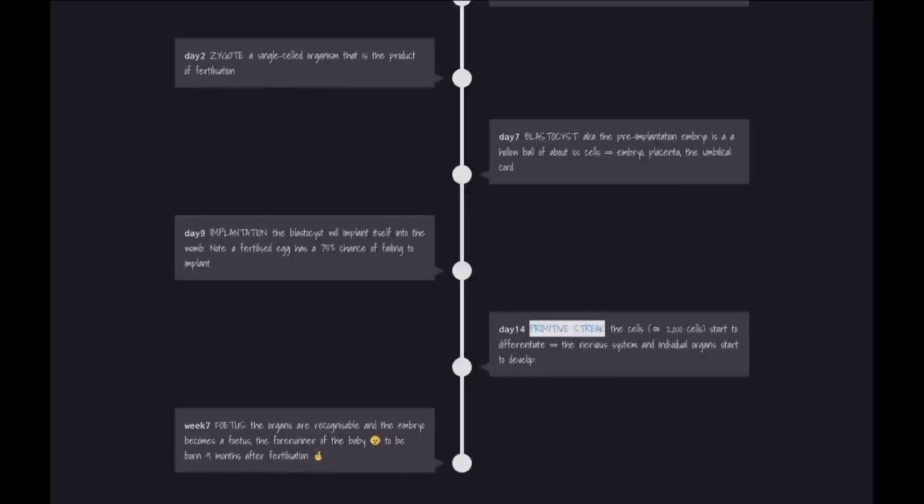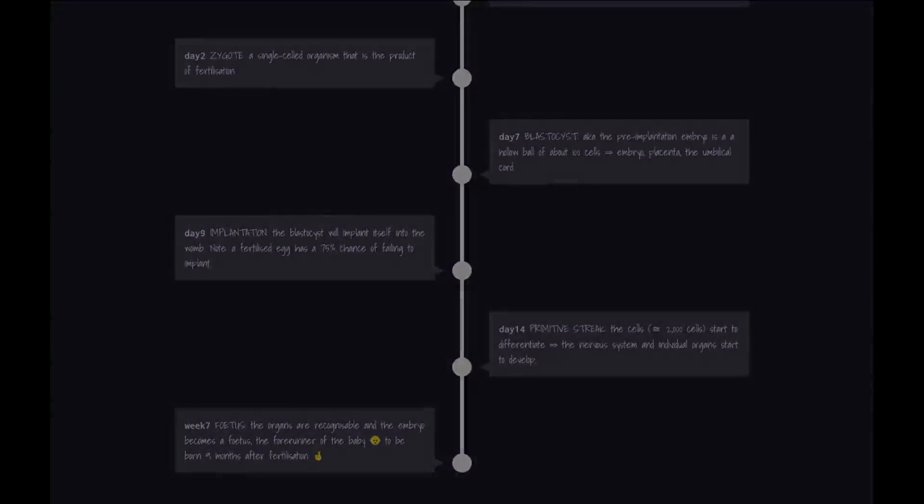14 days after fertilization, at about the 2000 cell stage, the cells start to differentiate. This is the primitive streak. The beginning of the nervous system starts to appear and individual organs start to develop. After 7 weeks, the organs are recognizable and the embryo becomes a fetus, the forerunner of the baby that will, all being well, be born 9 months after fertilization.